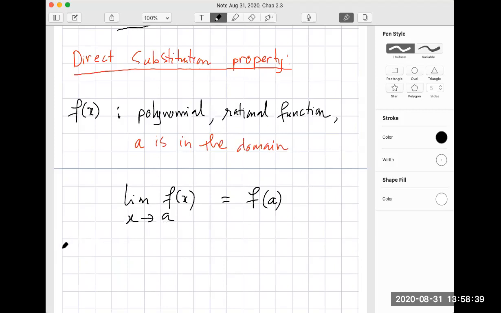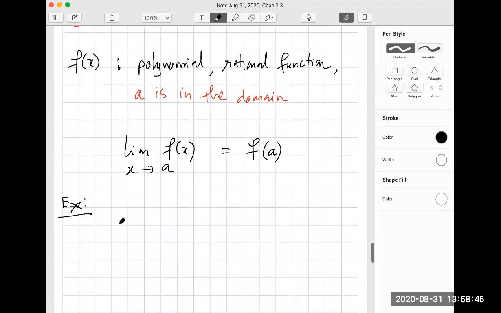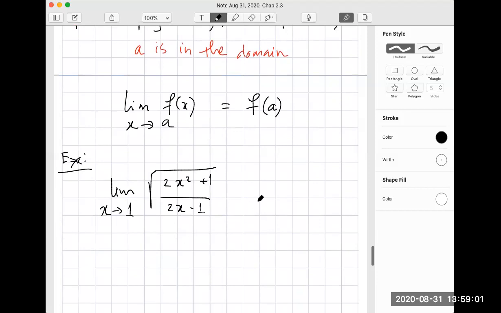Okay, an example. We need to compute the limit of this function, the square root of (2x squared plus 1) over (2x minus 1), when x approaches 1. Right, find it.